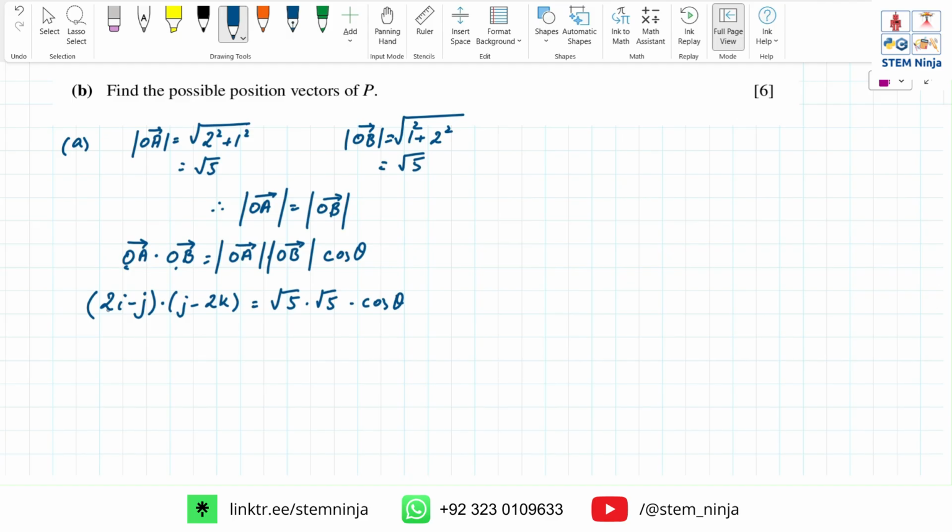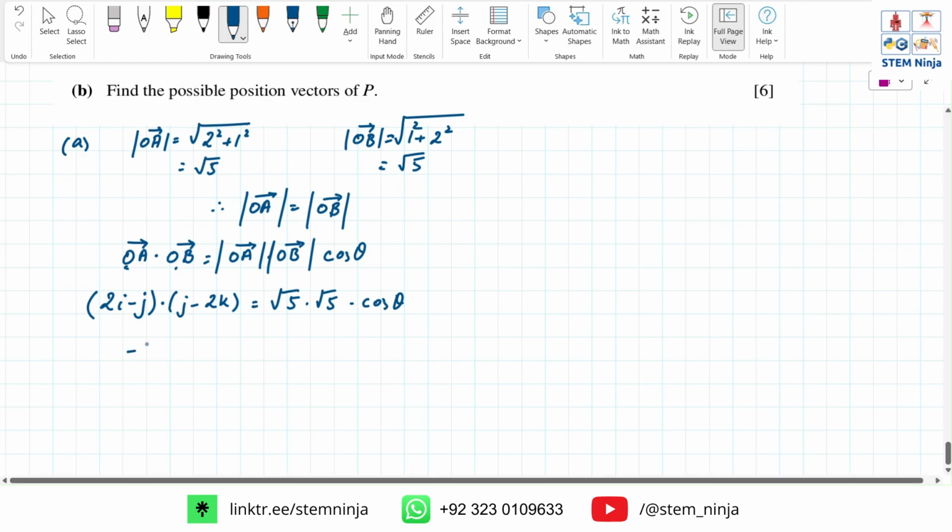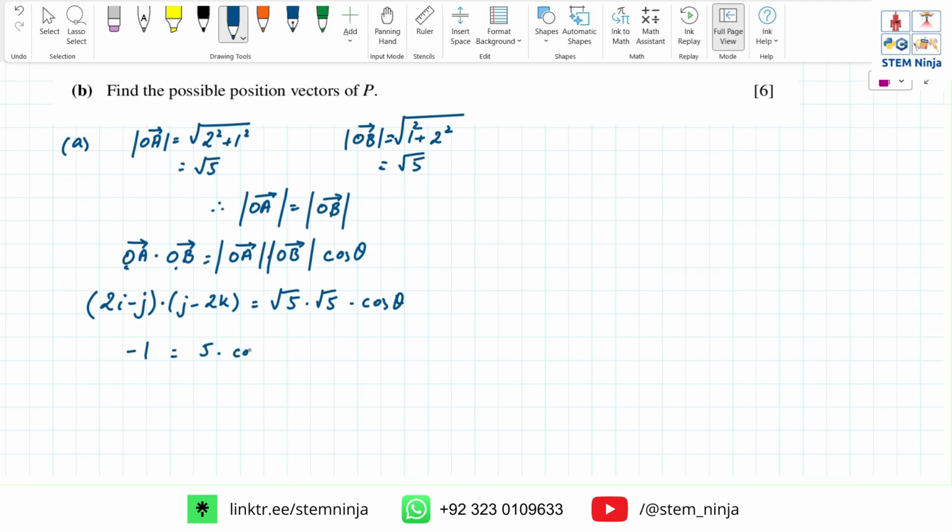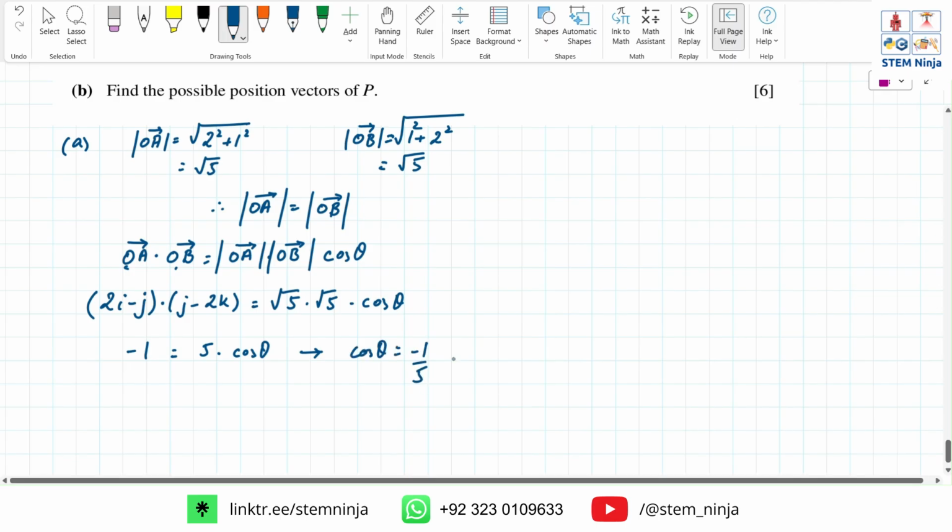So we just need to multiply i component with i component, j component with j component, and k component with k component. So there's only j component with j component. So minus j times j is going to be minus 1, equals 5 times cos of theta, which makes cos of theta equal to minus 1 over 5.